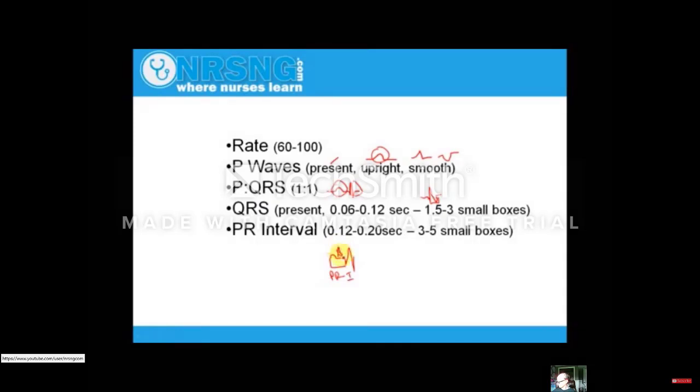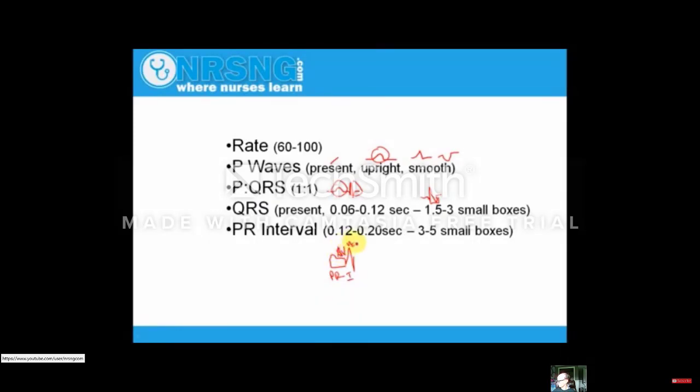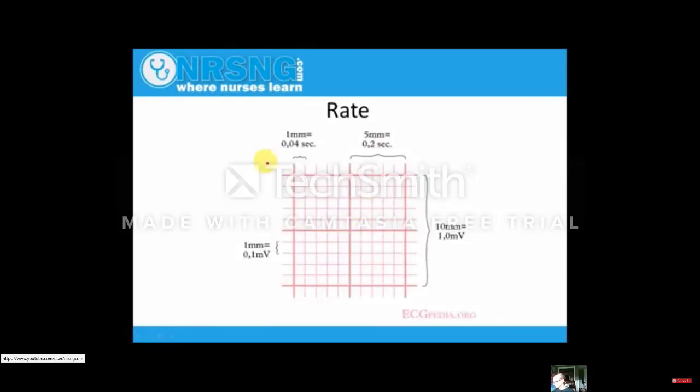Okay, so how do we determine rate? So every EKG strip is going to be divided into large boxes, and within each large box there's going to be small boxes. So each large box represents 0.2 seconds. Okay, and each small box is going to represent 0.04 seconds.